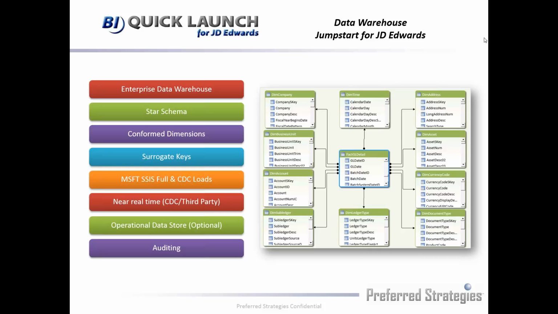For instance, your business unit dimension or company dimension may be the exact same dimension built in your warehouse and used across all the other modules you may be implementing. Surrogate keys are another: creating a unique numeric key for each, so your relationships can be very efficient. When you have unknown data, you specify that. So in essence, you can relate everything with an equal join, which will also improve performance.